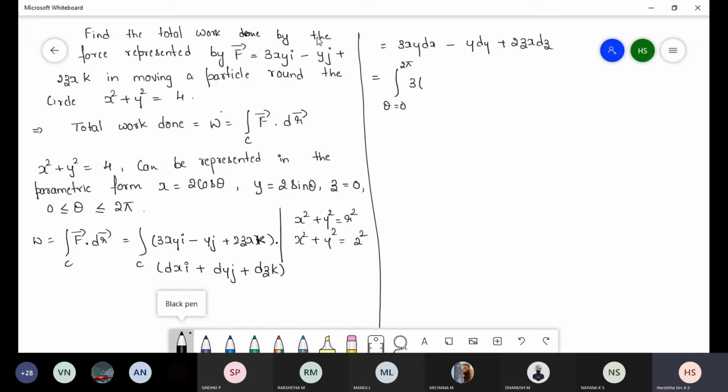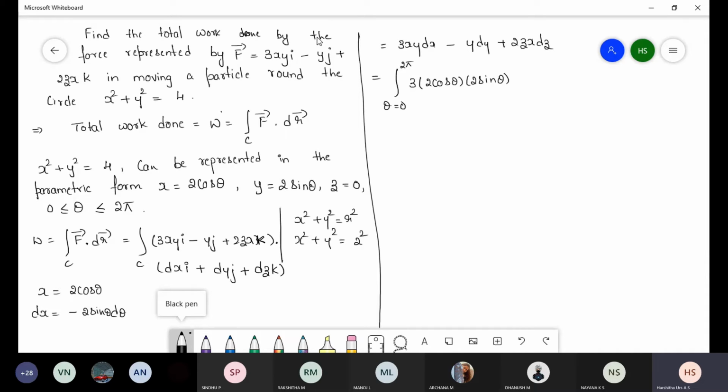So 3 into x value is 2 cos theta, y value is 2 sin theta. Here one more thing we forgot to do. x is equal to 2 cos theta. What is the differentiation? dx is equal to minus 2 sin theta into d theta.